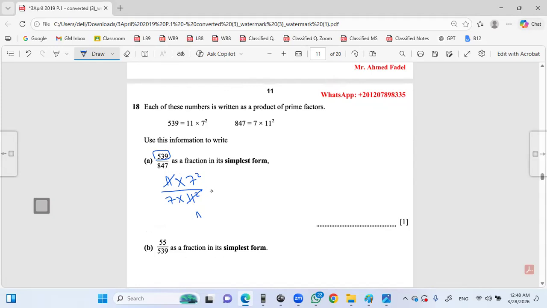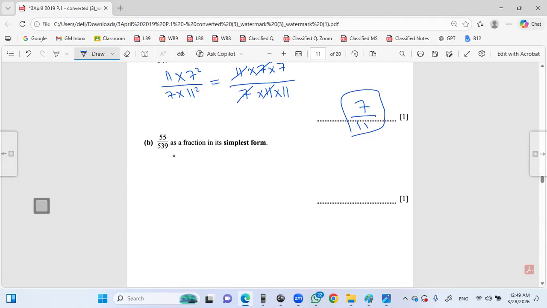This actually means 11 by 7 by 7 over 7 by 11 by 11. I'm going to cancel this with this and this with this. What is going to be left? 7 over 11. That's it.